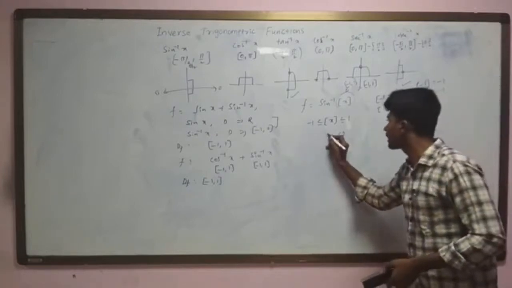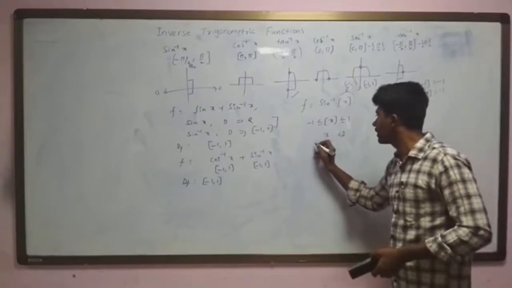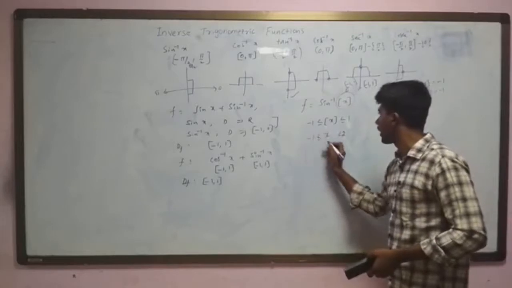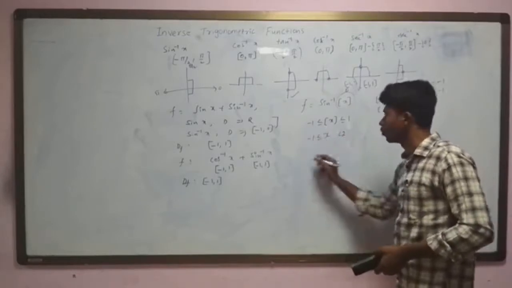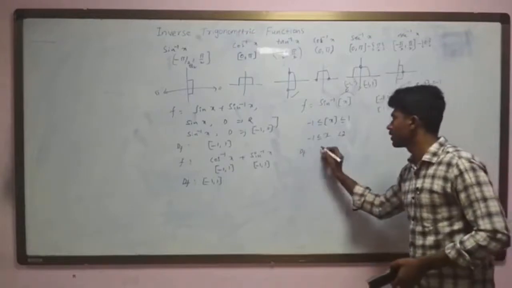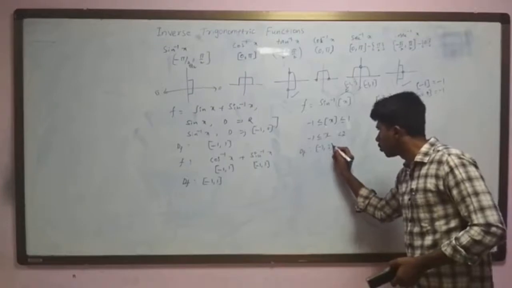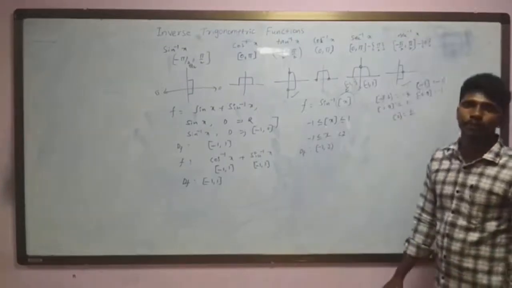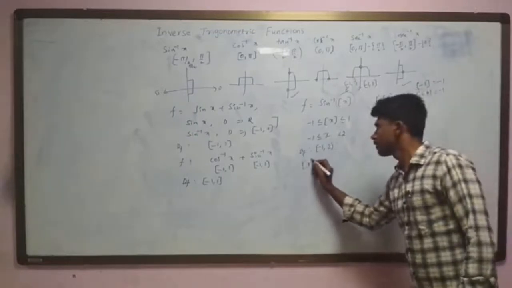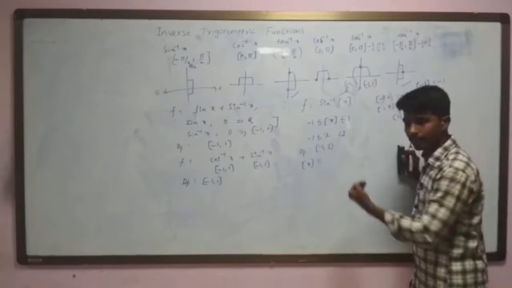So x lies in between -1 and 2. So what is the domain? Domain of the function is -1 to 2. -1 is closed, 2 is open. This is the domain.